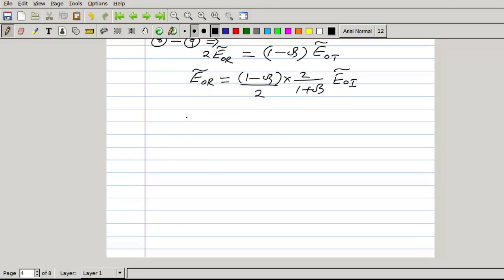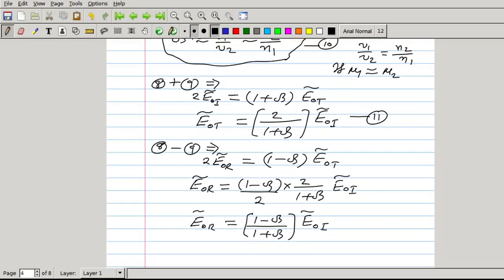On simplifying that, the amplitude of reflected wave E0R is 1 minus beta by 1 plus beta into E0I. This is equation number 11, and this one is equation number 12.